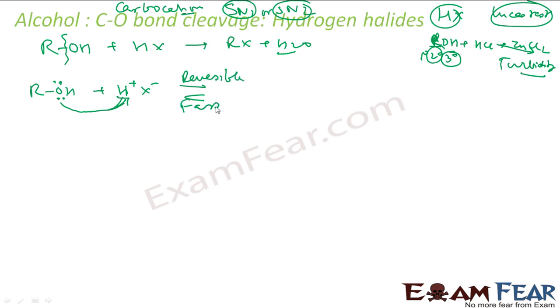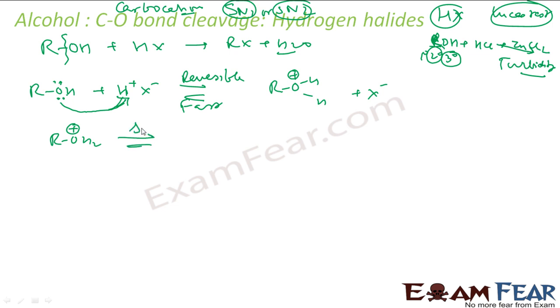and fast also. So what you get is ROH2 plus X minus. This protonation is done because OH is not that great a leaving group, but H2O plus is a good leaving group. So now I have ROH2 plus.